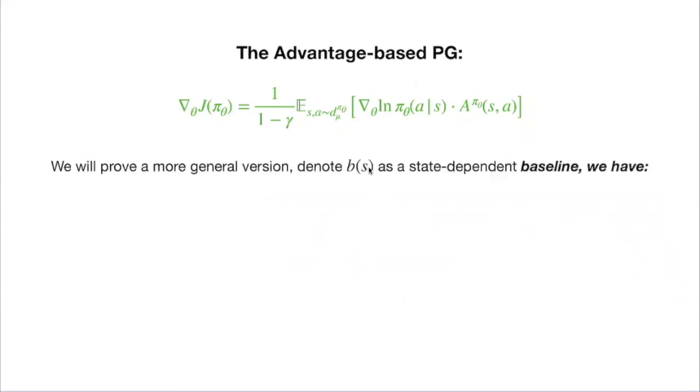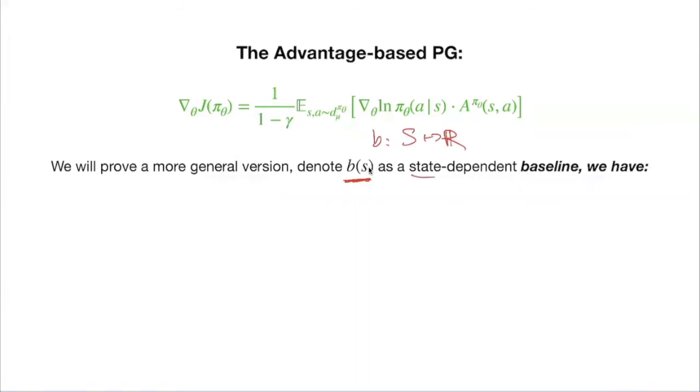And to show that, we will prove a more general version. Let's write this function, which is called a baseline. B is a function that maps from state to real. One of the important things is that this function is action independent.